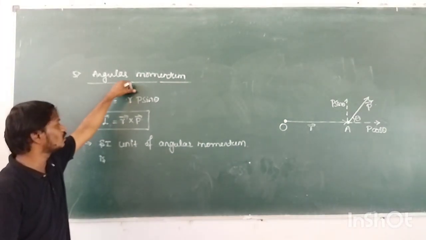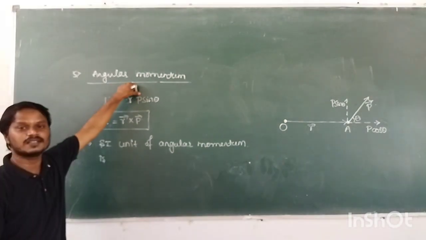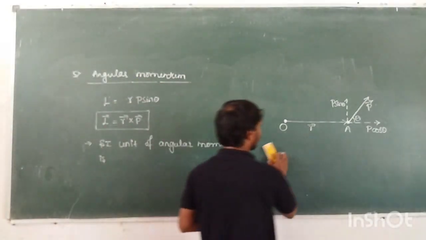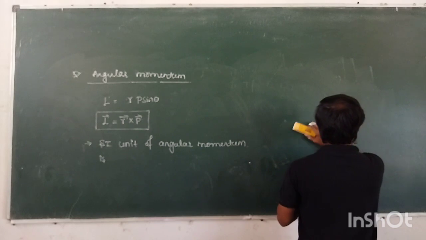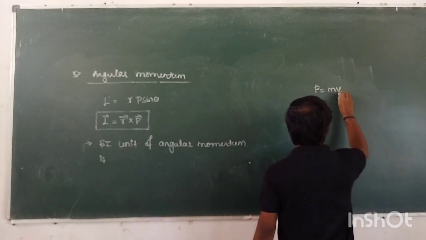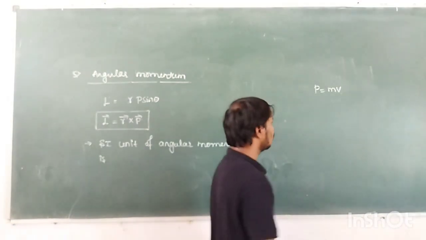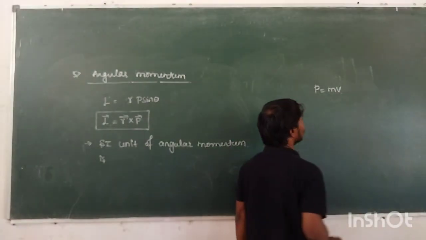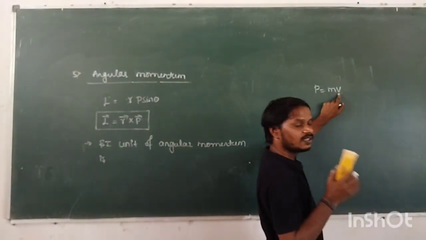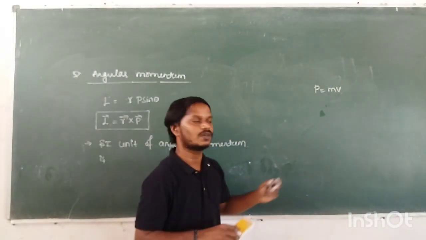That is meter. What is the SI unit of momentum? SI unit of momentum is kg meter per second. Momentum P is equal to mass into velocity, m into v. Here m is the mass of the rotating body, and v is the linear velocity of the rotating body.